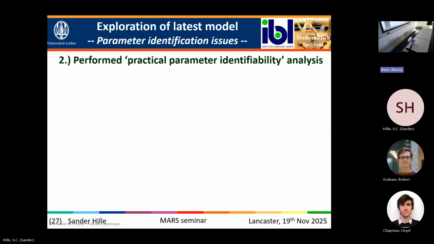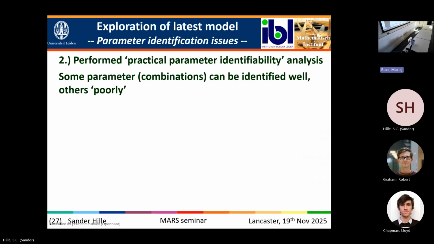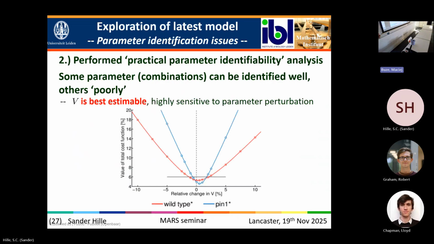We also started doing a parameter sensitivity and identifiability analysis. Some are difficult to measure, but others can be estimated well. So the parameter v, that is the effective velocity, can be very well estimated. The system is very sensitive to changes in v, in quality of fit, and that is visible here.